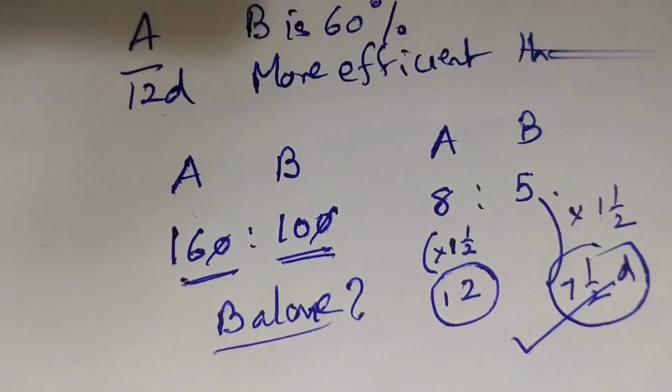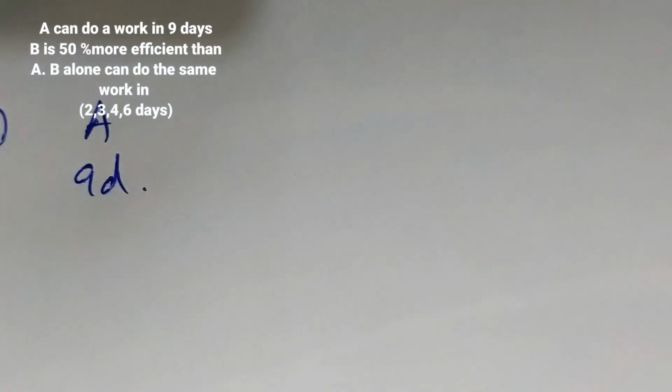Let me go to the next question of the same model. The question says, A can do a work in 9 days. I am writing directly. A can do a work in 9 days.